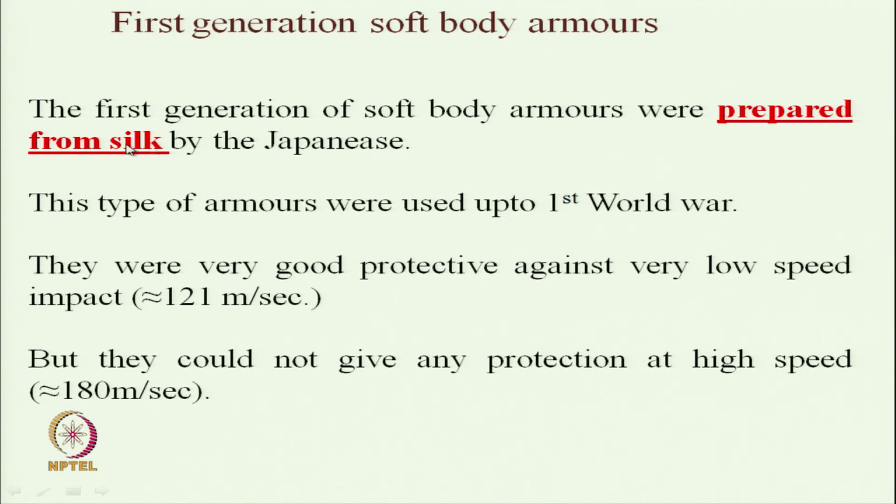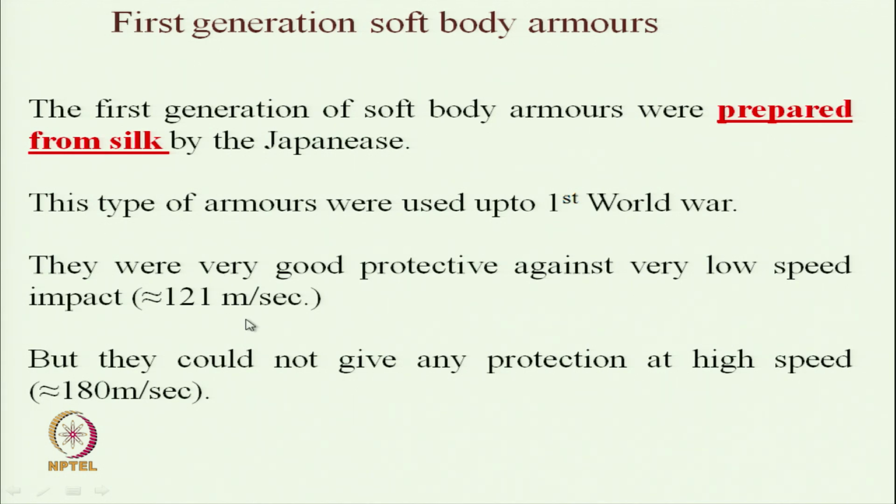The first generation soft body armors were prepared from silk by Japanese people. This type of body armor made of silk was used up to the First World War, and it gave very good protection against low speed impact, around 121 meters per second.